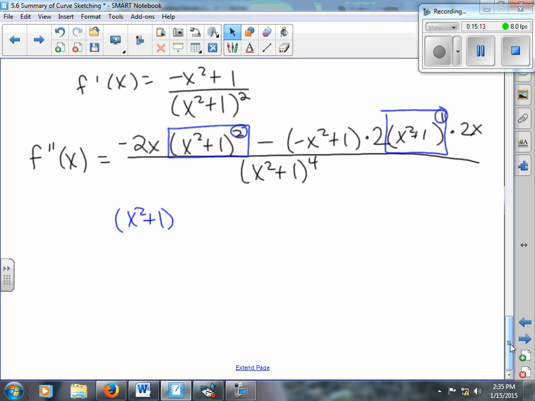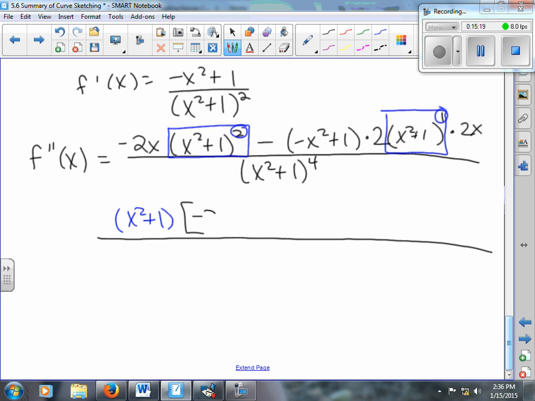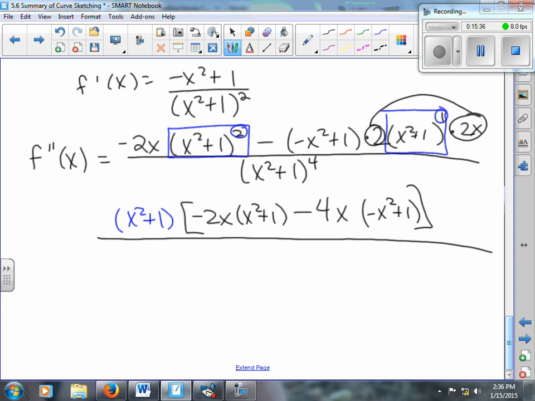So I'm going to factor one of those out. And then in my first term of the numerator, I'm left with negative 2x, and I still have one of those x squared plus 1s. Minus, in this next term, I'm going to take this 2 and this 2x, I'm going to multiply those and say 4x, and then I still have negative x squared plus 1. And this is divided by x squared plus 1 to the 4th.